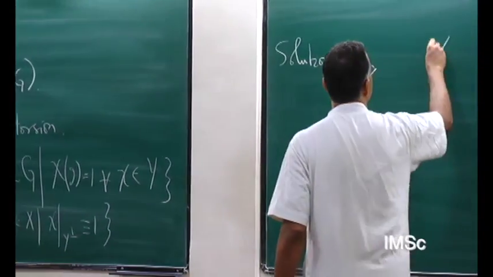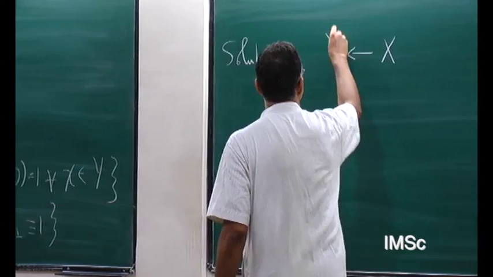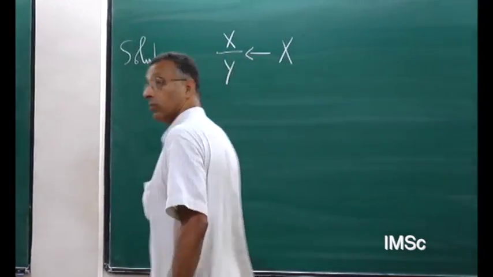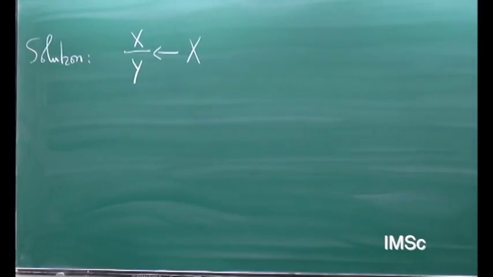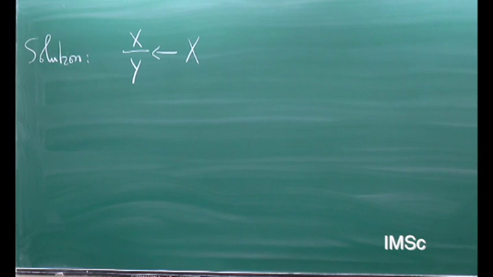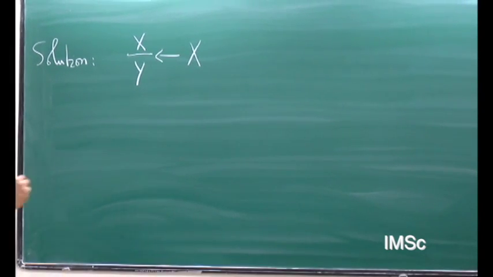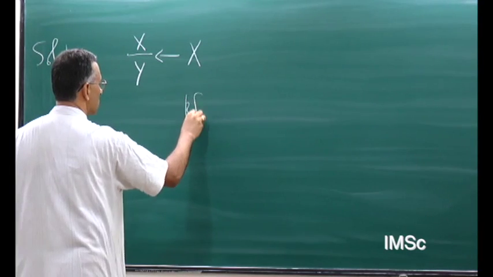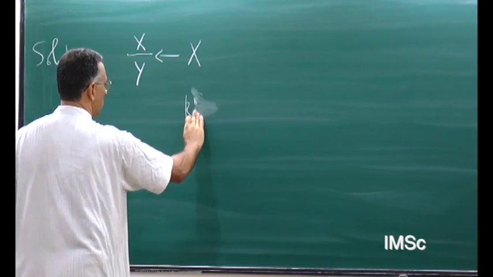Look at X going to X by Y. Right, this is the natural map of abelian groups.